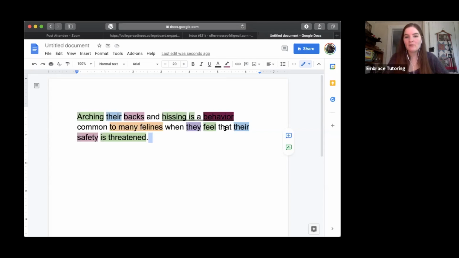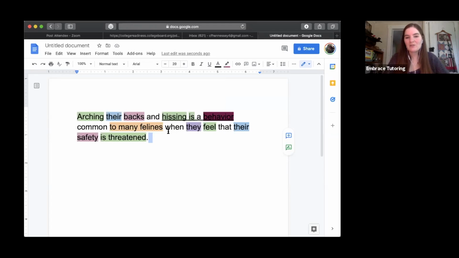And then it's part of this relative clause, where we're dealing with when they feel that their safety is threatened. We have safety is threatened. So is threatened is a verb form, with safety being the subject belonging to that verb, but it's not our main verb in this sentence.